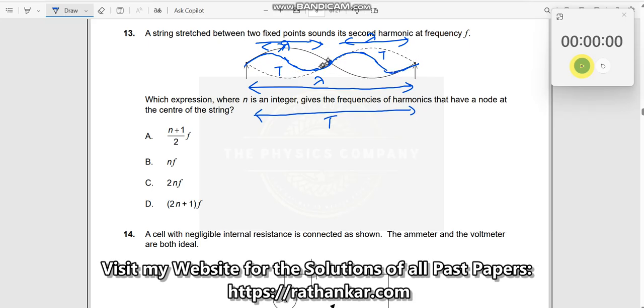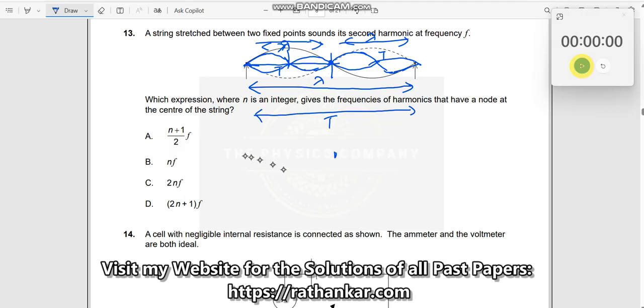So what is happening here? When I divide this into two waves, you see the midpoint is unaltered. Now let us say, for example, I make 3 waves over here. How do I make 3 waves? Here this half loop was broken into 2 half loops.